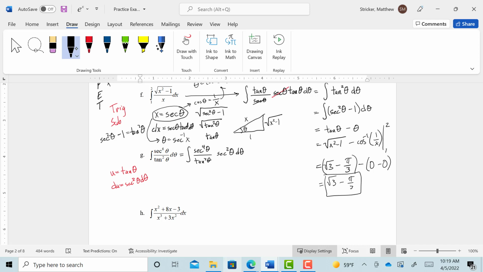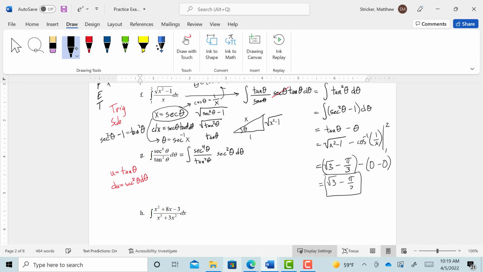The reason my giveaway that it's going to go that way is because your tangent is in the denominator. The alternative is that we could let u be secant theta, but then du would have to be secant theta tangent theta, and our tangent theta is in the denominator. It's not on top, so that's going to make things difficult.